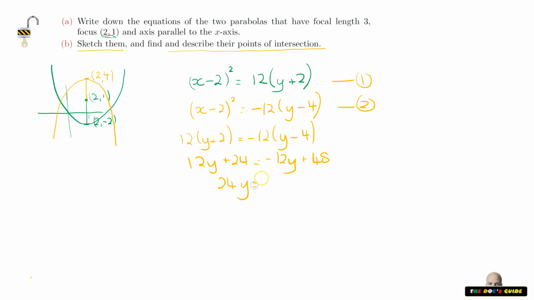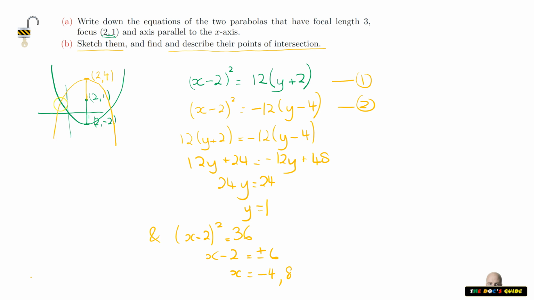24y equals 24, so that gives us that the y value is 1. Picking either of them, (x minus 2) squared equals, if I put y equals 1 into equation 1, then I'll have 12 times 3, which is 36, so x minus 2 equals plus or minus 6, so x equals either 2 plus 6, which is 8, or 2 minus 6, which is minus 4.